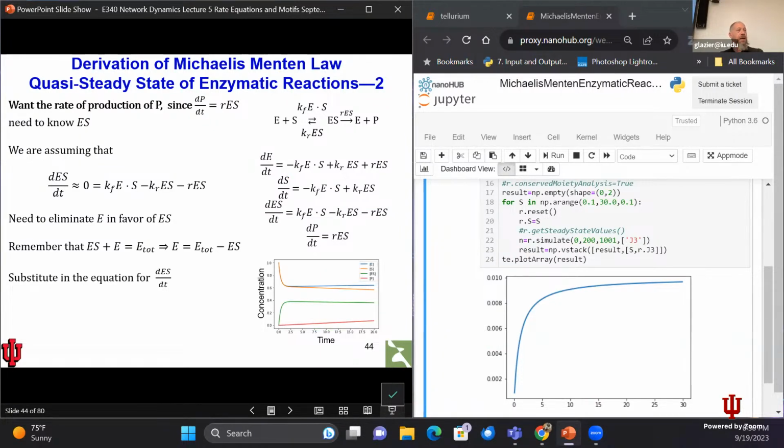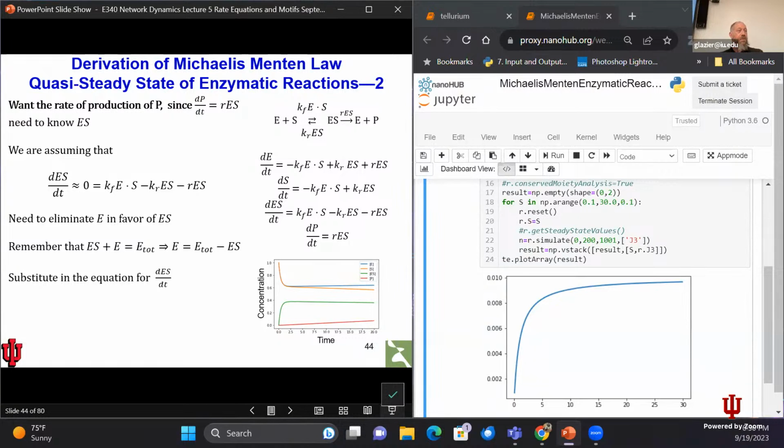And so we now have to look at our equations, and we may have forgotten by now, but we have here the rate of production of ES is Kf E times S minus Kr ES minus R ES. That was the rate of production of ES. And we're going to set that equal to 0. We're going to say that that's steady state.